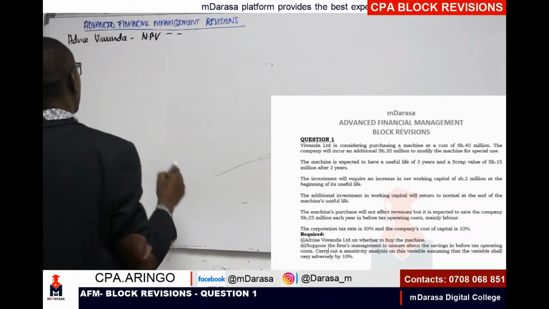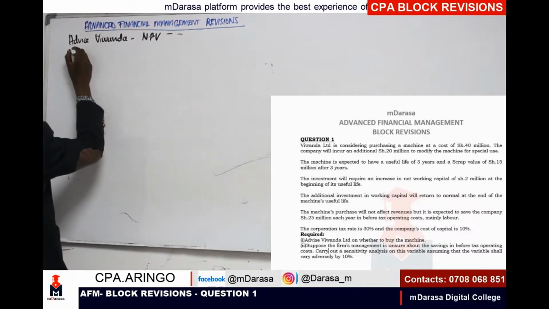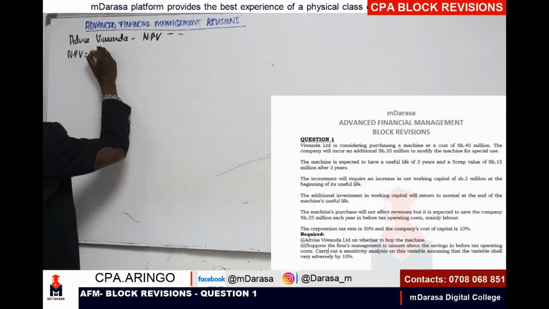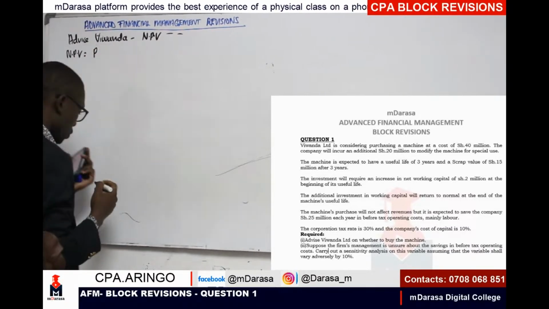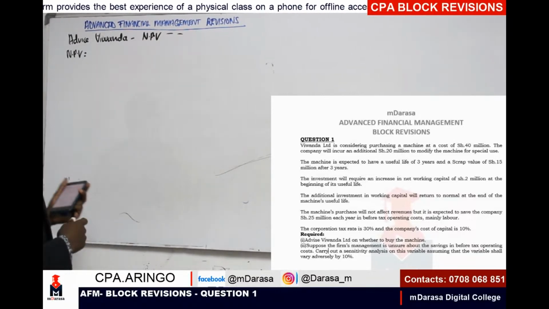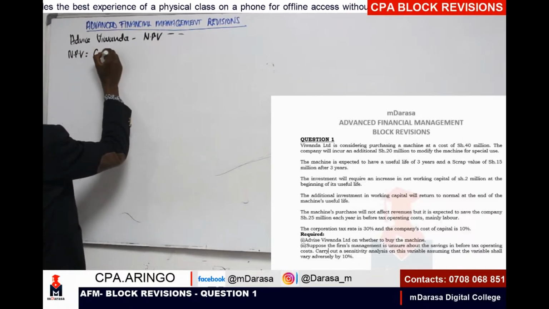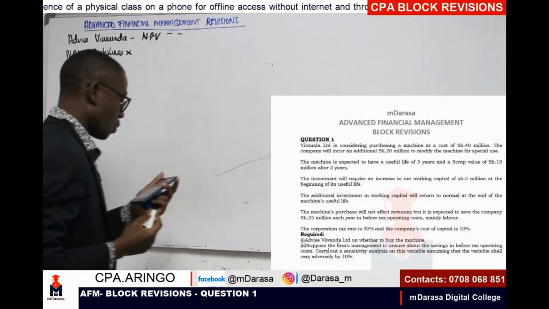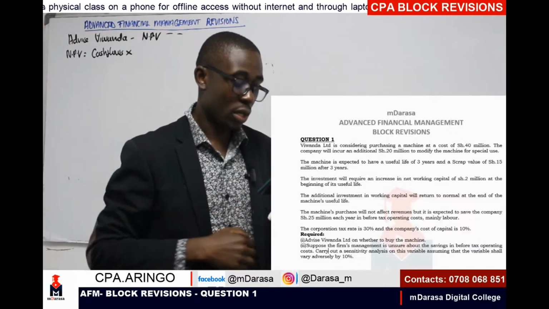So my net present value in this case, I should be having present value for cash flows, which is our annual net after tax cash flows, times what were we having as our annual cash flows.